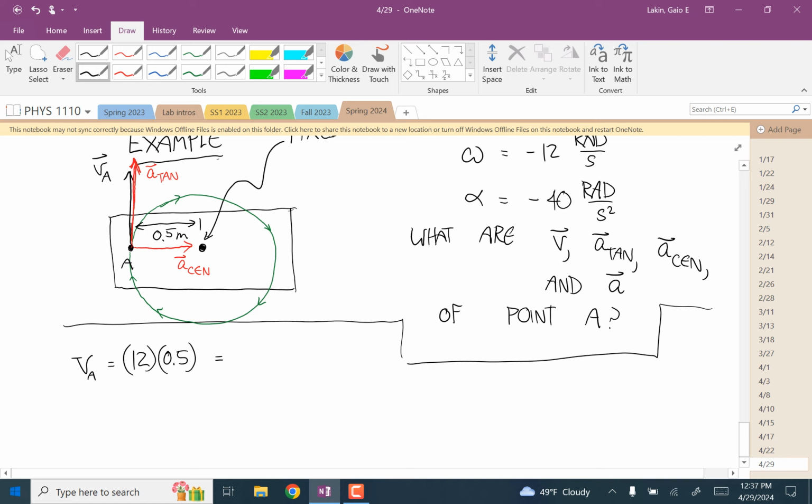And so this is 6 meters per second. We already figured out that the velocity is in the direction of positive y. So the velocity vector of that point A is 0, 6.